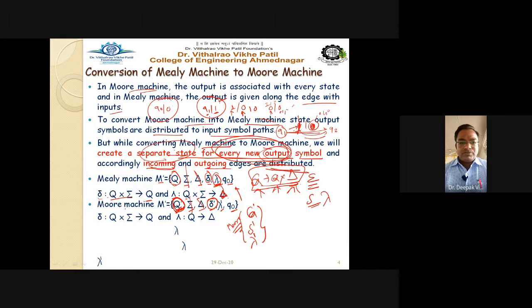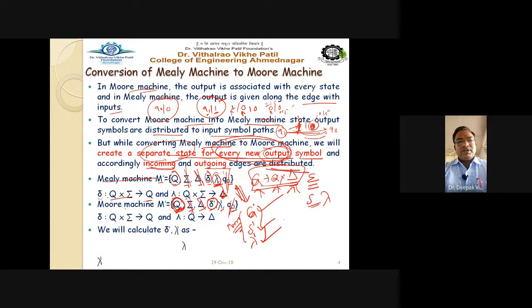Or reversely, from the given Mealy machine we have to find these three parameters, where q0 remains the same. The input set remains the same, the output set remains the same, and the q0 start state remains the same in both the Moore and the Mealy machine. But which parameters are being changed here? The parameters changing are Q: you have to find the new set of states, the delta dash transitions, and the lambda dash output function. So how is it to be found? So see here.